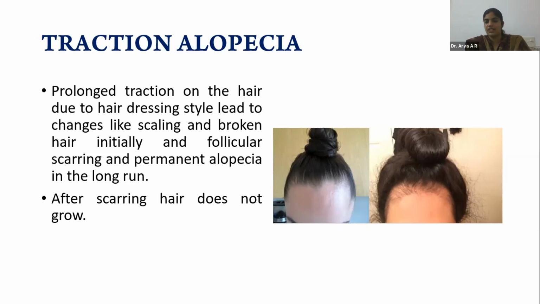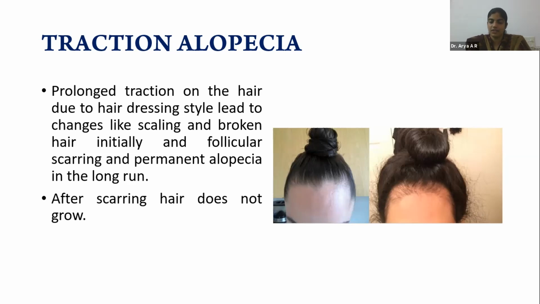You could see in this first picture, on the right side, she was having hair follicles on her frontal hairline. But due to the continuous hairstyle pattern, because of the stress and strain she is giving to the hair follicle, her frontal hairline has receded back and led to traction alopecia.